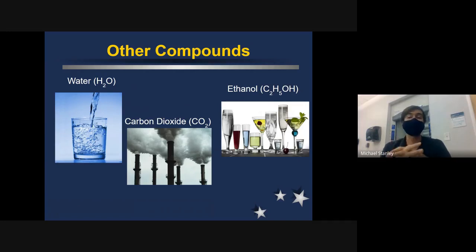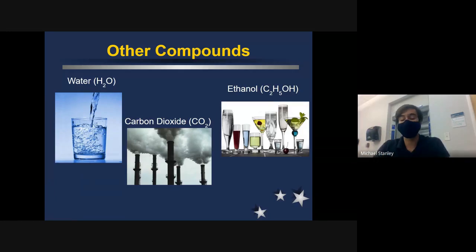So a pure element is when we have just one atom that's present. A compound is when we have two or more different atoms that are combined together, fused together, chemically bonded with each other.